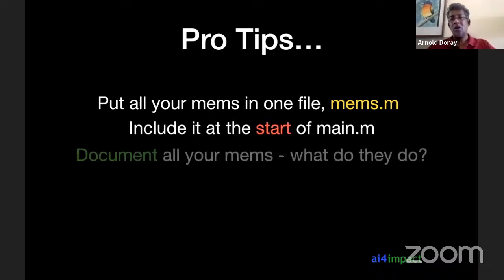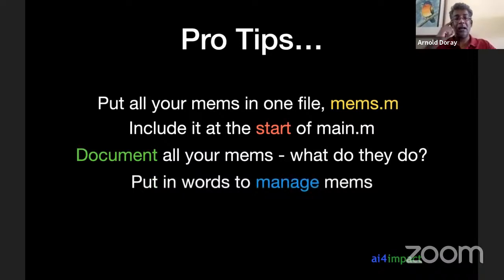You want to document all your mems, exactly what they do. Give them helpful names. Don't call them XYZ, A or B or some rubbish like that, because that just makes it very confusing. Give your mems memorable names so that you know what they're doing. The last tip is that I would suggest you don't directly manage your mems in your rules.